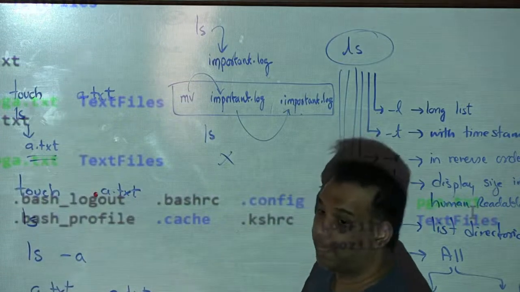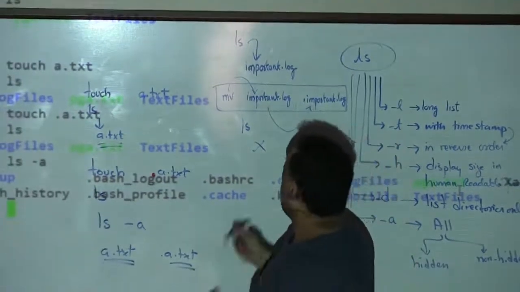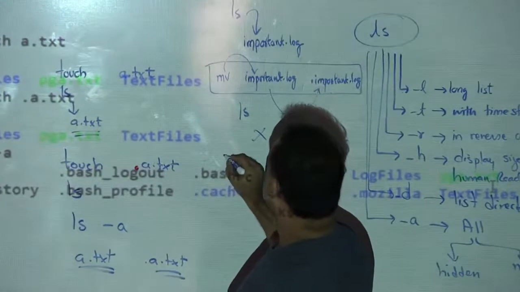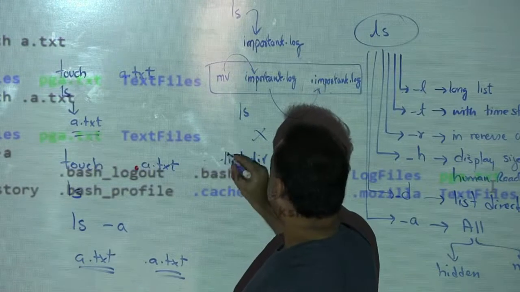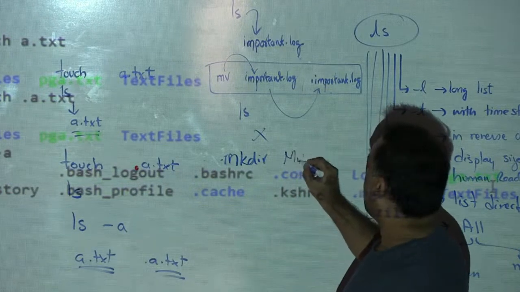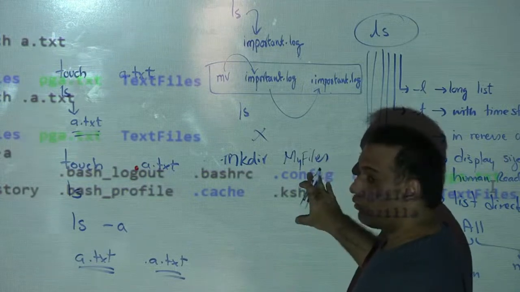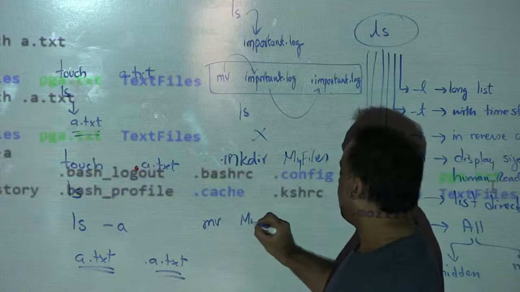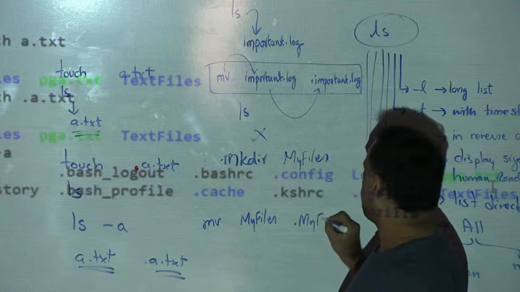Can this command work on a directory as well? Yes. If you created a directory with mkdir, not the capital M but the small m, mkdir myfiles, and I want to hide this, I can say mv myfiles .myfiles.